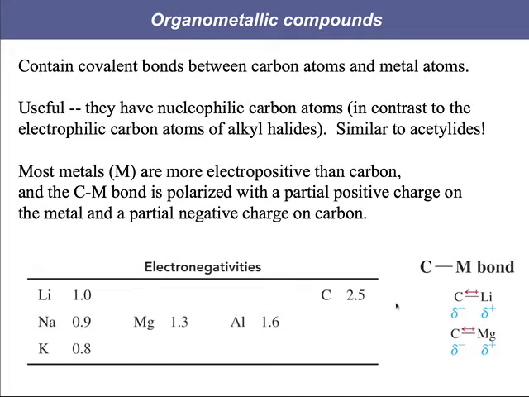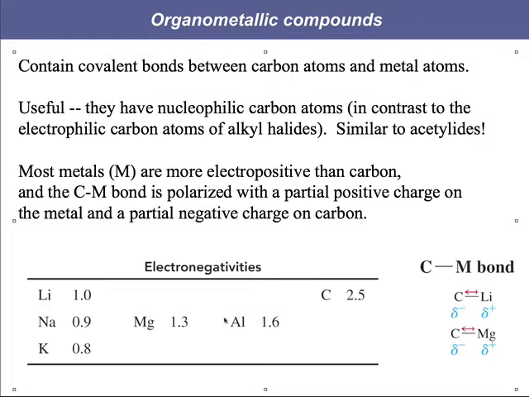Most atoms to which carbons have been attached have been to the right of carbon on the periodic table, like nitrogen, oxygen, fluorine, chlorine, bromine, iodine. All of those are more electronegative than carbon, which means that in all of those polar bonds, carbon has been positive. But compare the electronegativity of carbon to some other metals.